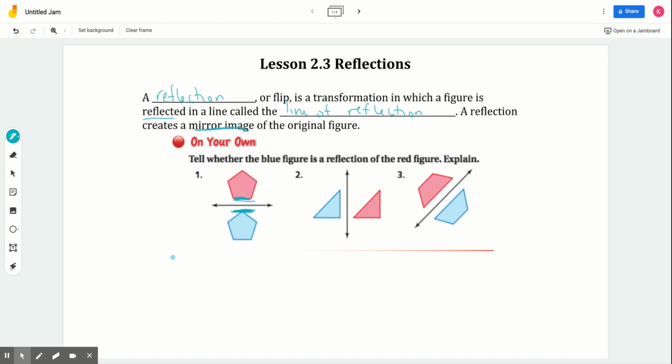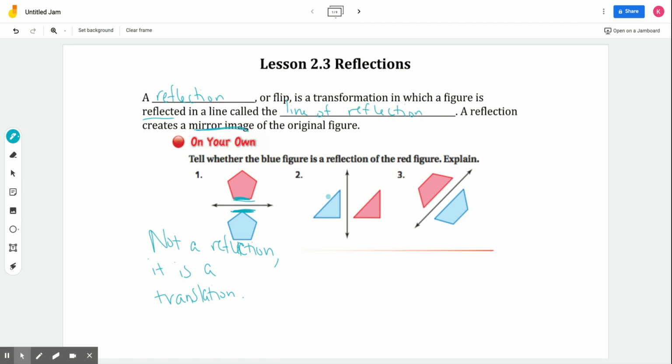So this is not a reflection. In fact, they simply slid or translated the red pentagon to the blue pentagon. Not a reflection. This is a translation. So remember, translations were from lesson 2.2. Those are also known as slides.